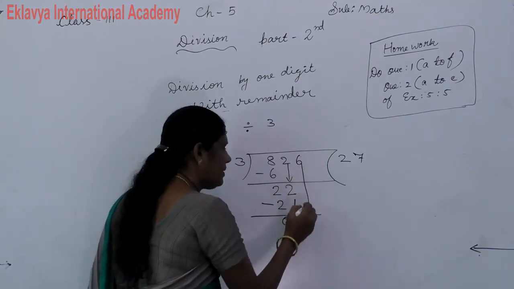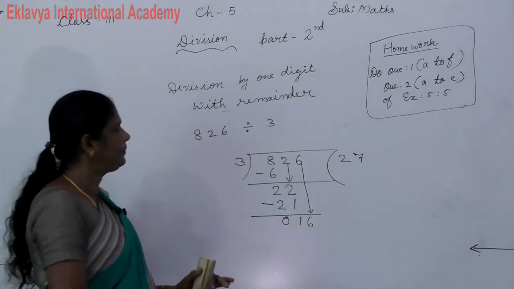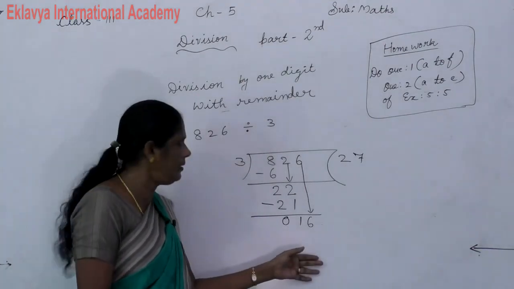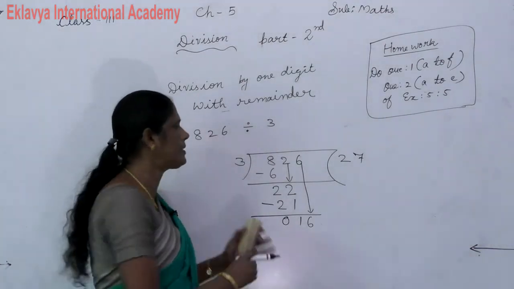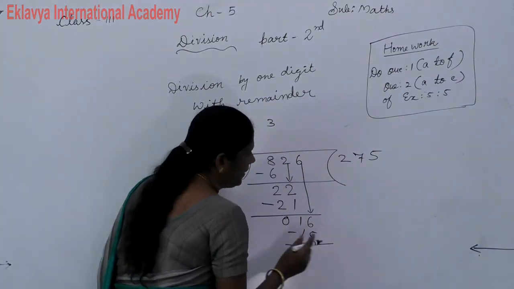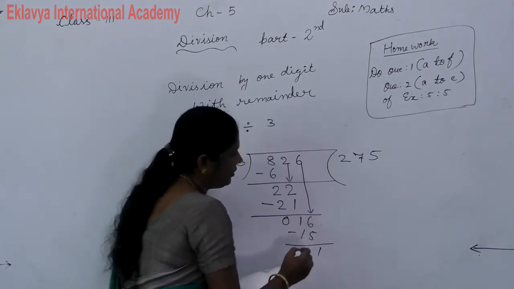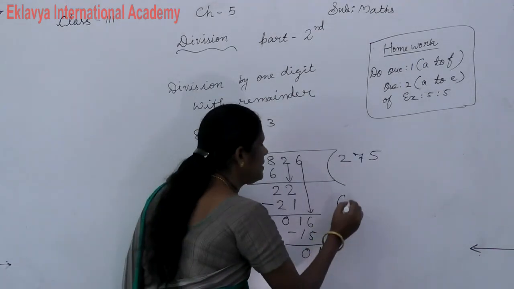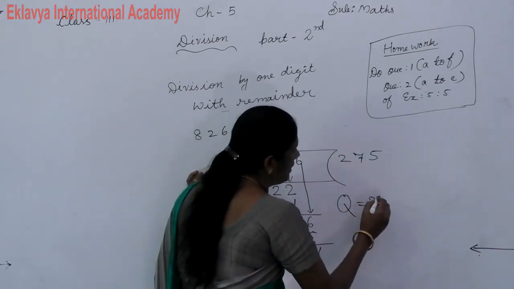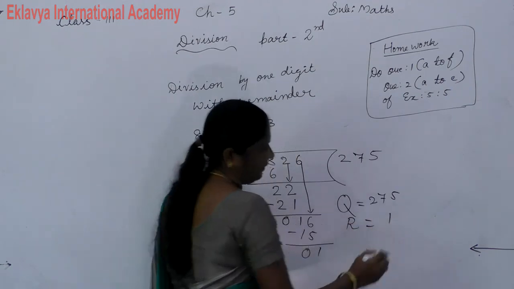Now our number 6 comes downside. Then the table of 3, how many times come in 16? 5 times. Then 15. Then 5 take away from 6, 1. Our quotient is equal to 275. Our remainder is equal to 1.